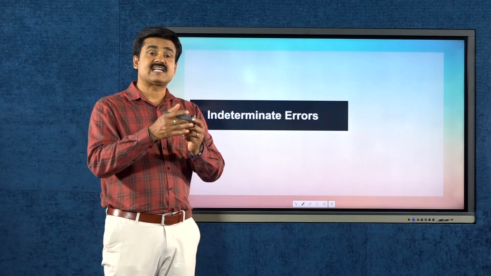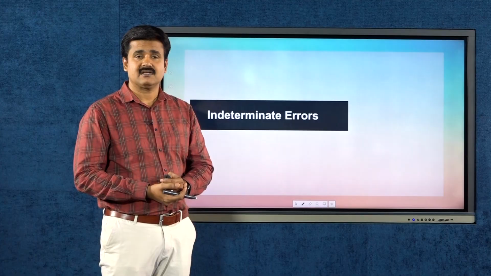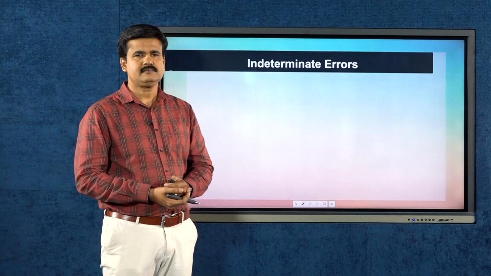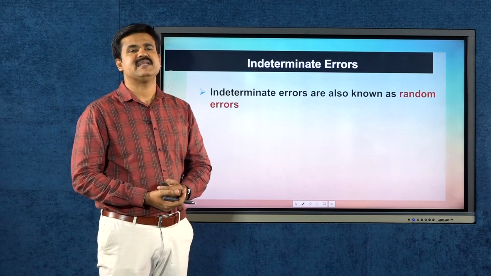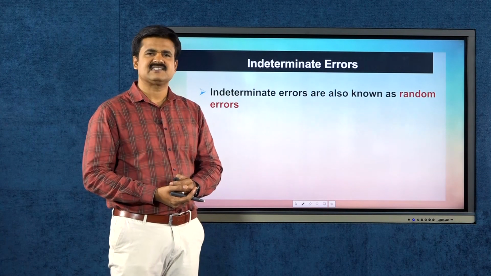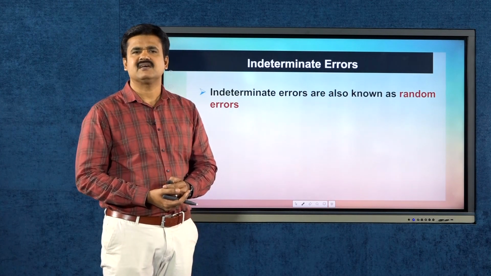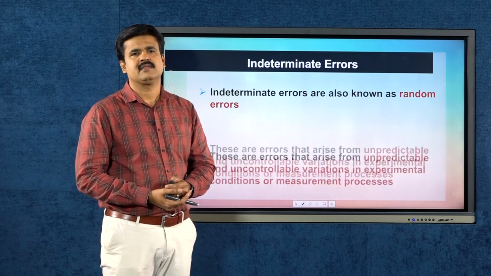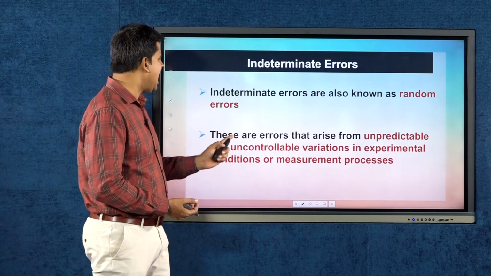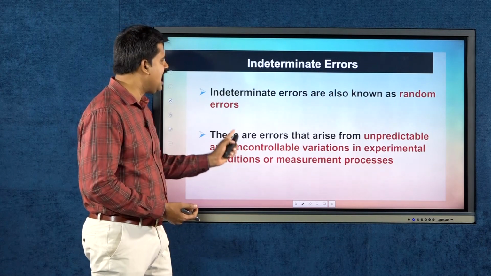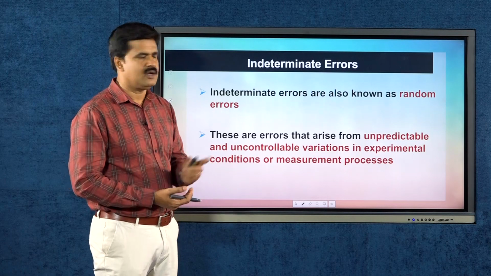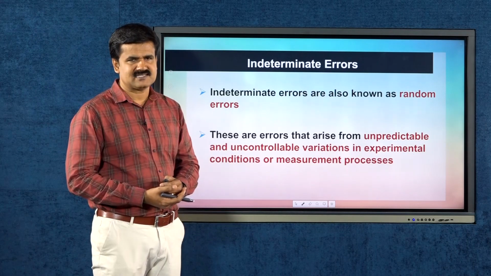Now we are discussing the second most important type of error, that is nothing but indeterminate errors. What are indeterminate errors? Indeterminate errors have a synonym, that is nothing but random errors. These are errors that arise from unpredictable and uncontrollable variations in experimental conditions or the measurement process.